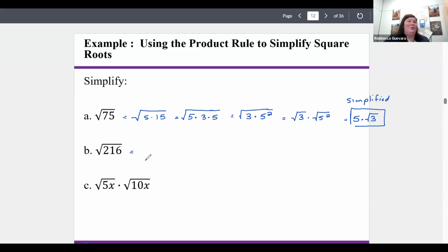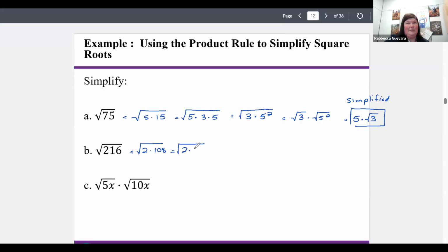Let's do this again. So I have the square root of 216. We could break it down. That's divisible by 2, so we're going to break that into 2 times 108. And 108 is also divisible by 2.